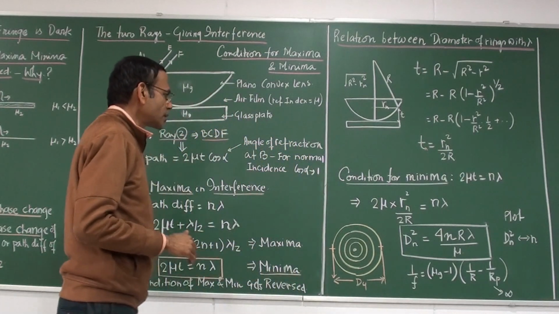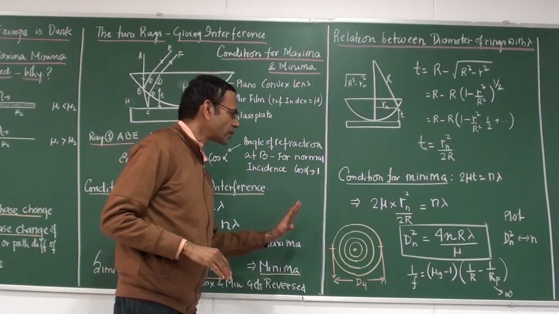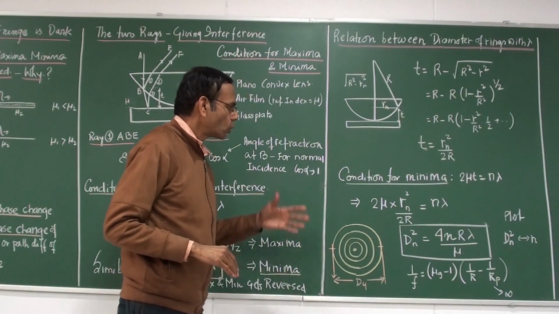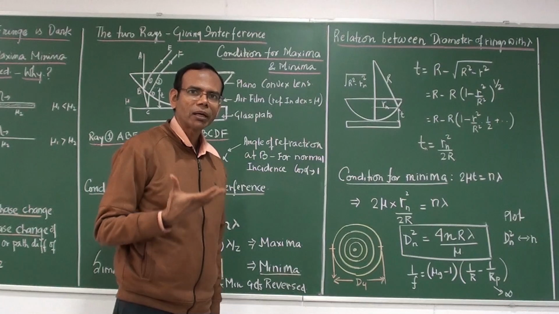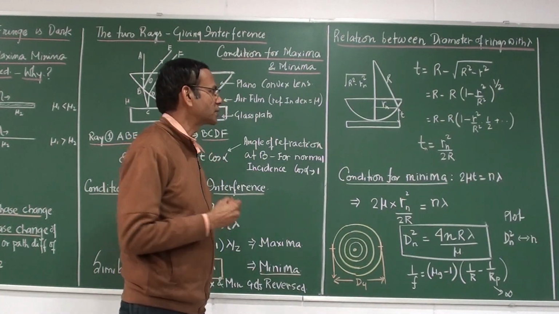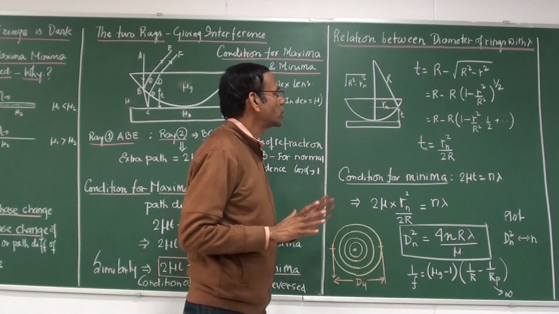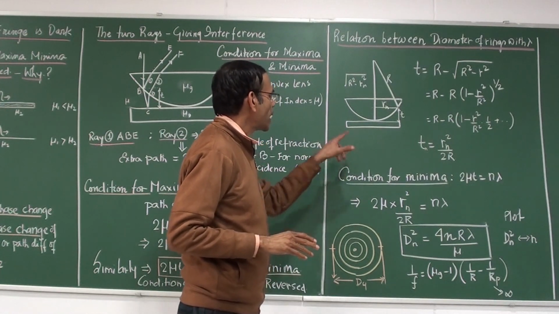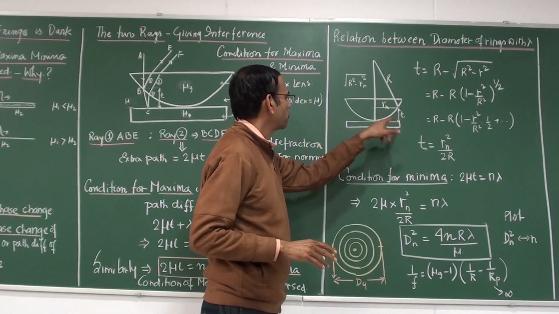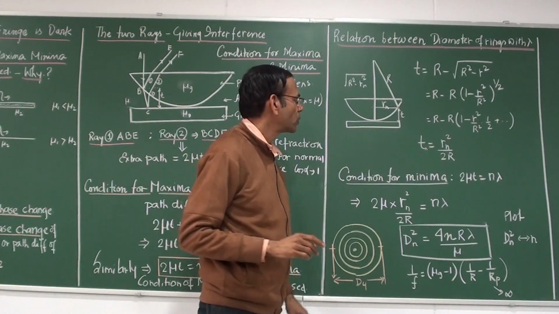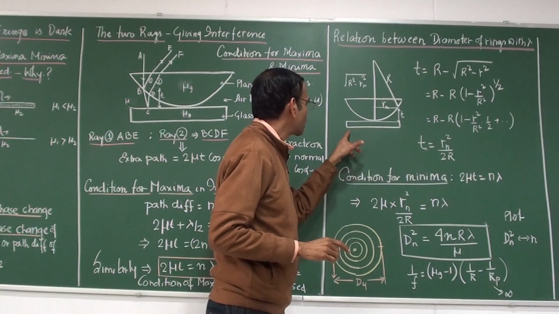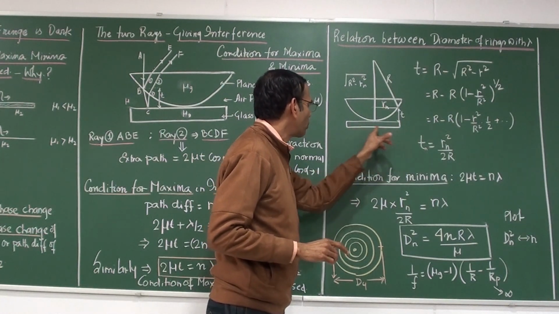Now, let us see the formula for the diameter of the rings with the wavelength. How we can calculate the wavelength by measuring the diameter of the rings. So here what we do basically, as you see in the same diagram, this is the thickness of the film where that particular ring is.